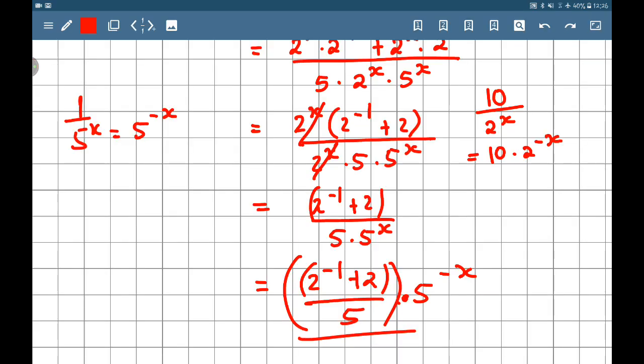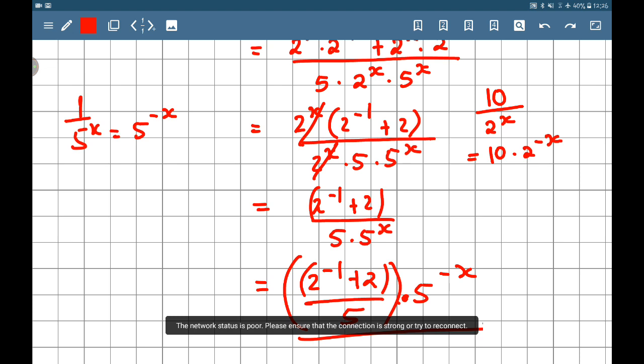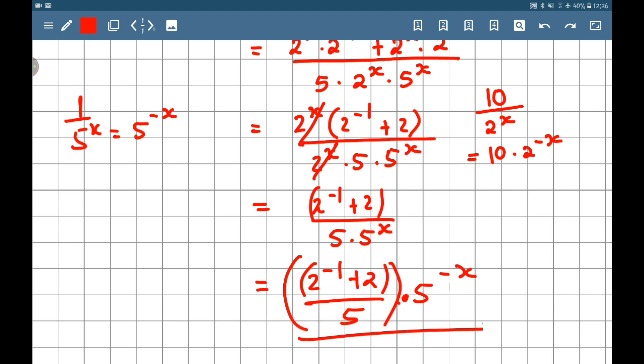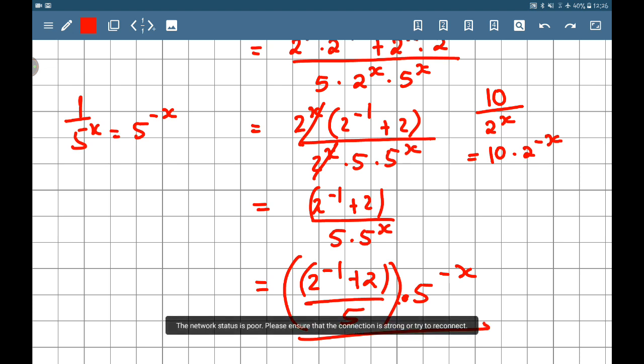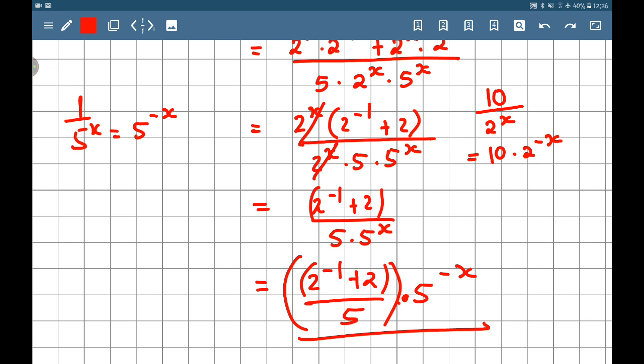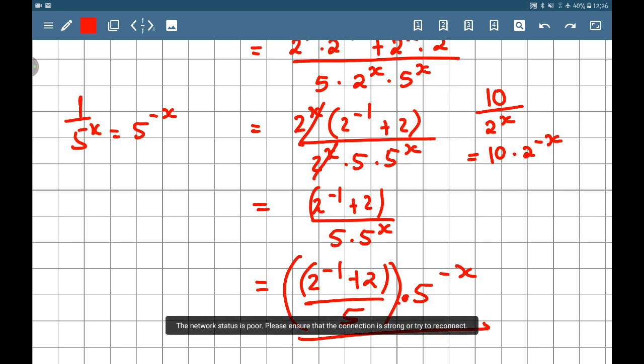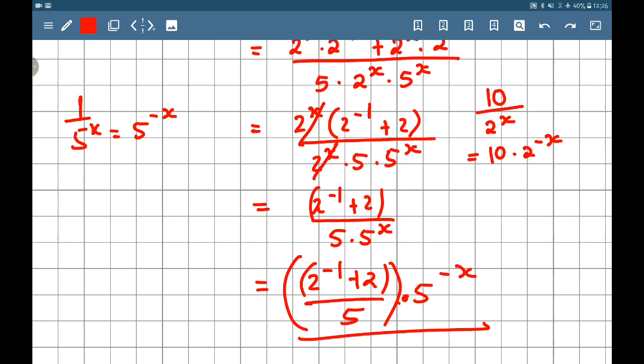The tricky part there was finding out how to write 5 to the power negative x. As I was explaining, if you have 3 over x, this is the same as 3 multiplied by x to the power negative 1.